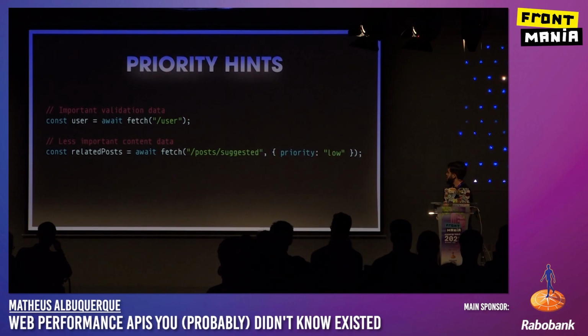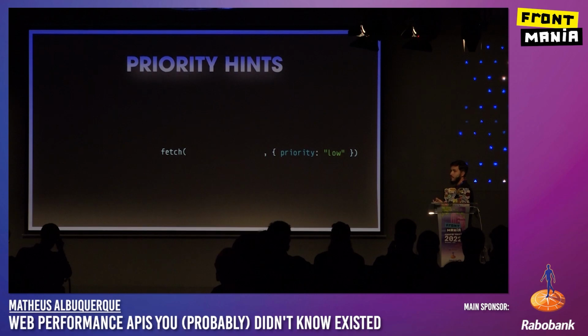A lot of people don't know, but we have this config part of the fetch API, and we can pass priority low, and then we can defer some fetch requests that are not so important for the screen that the user is seeing. So this might be helpful. Let's say we have a blog post, and we render the blog post, and we don't want to have a huge priority for rendering the comment section. That's one example.